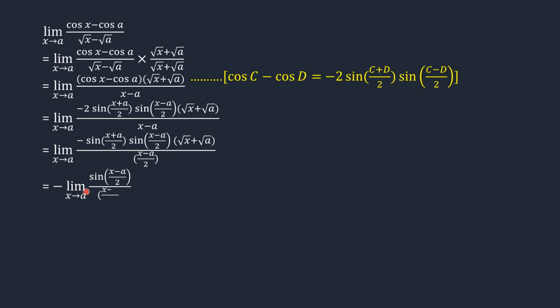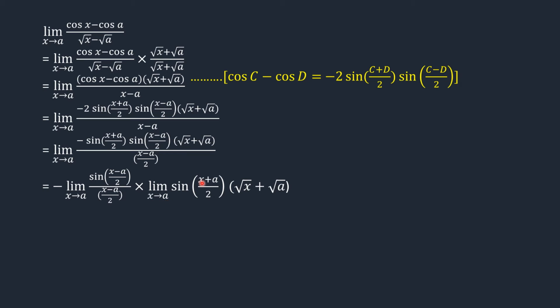So in the next step we will write minus. Now here, as x approaches a, x minus a approaches 0 and (x minus a) over 2 approaches 0. Therefore, this whole limit will be 1. And in this case, we can directly substitute x equals a.